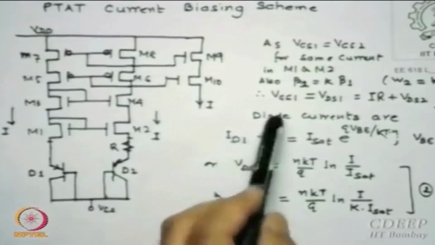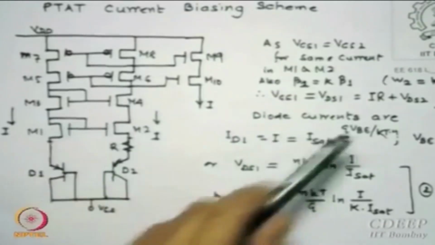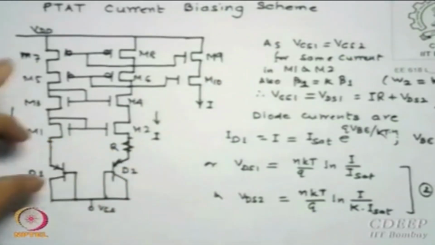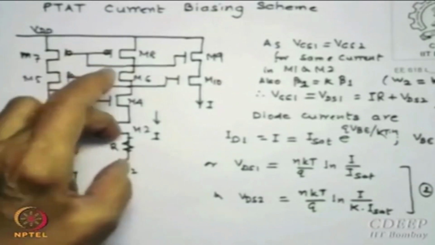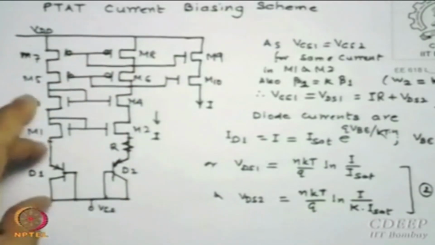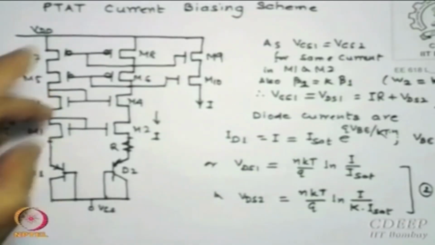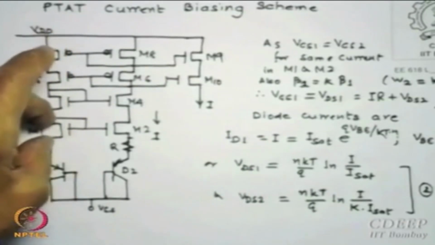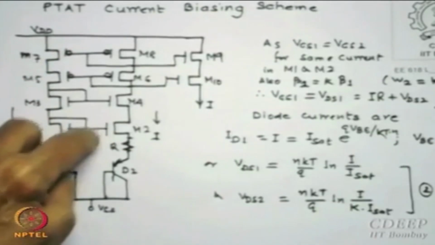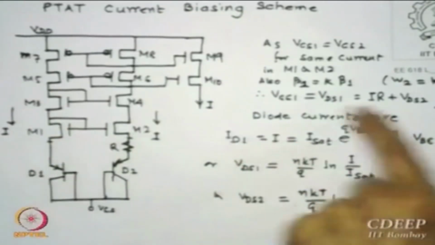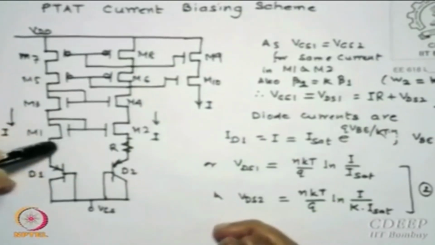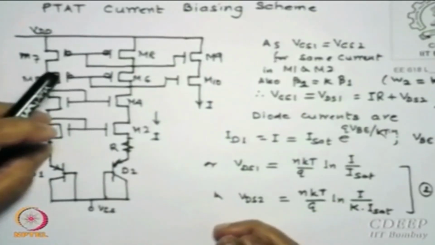Now you can say again VGS1 is this drop plus this drop. Is that clear? Please remember, this potential is VGS, which is the same as VDS.